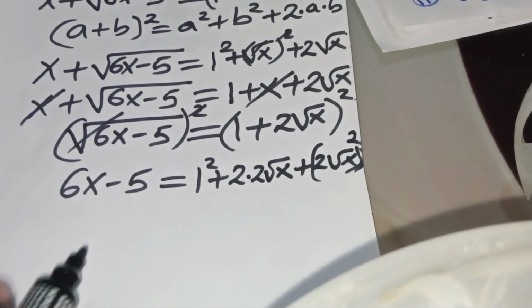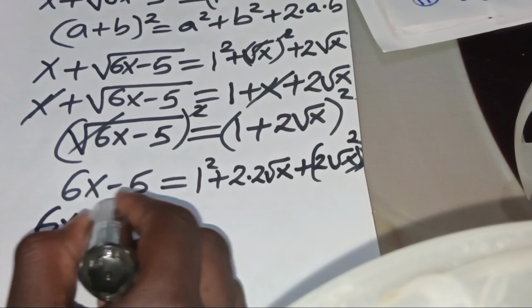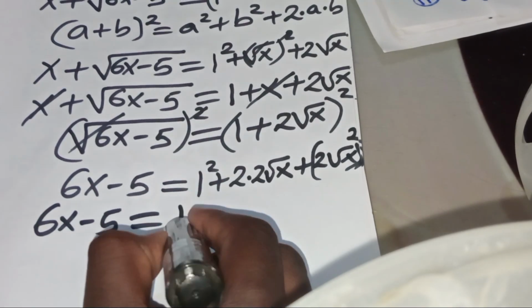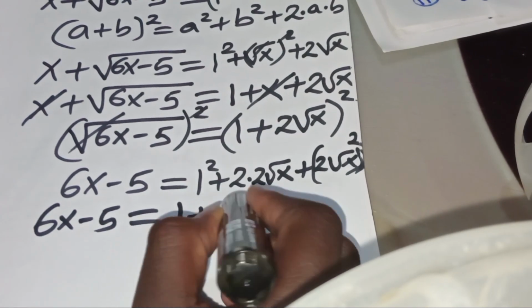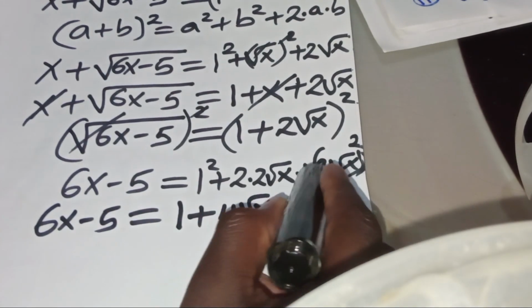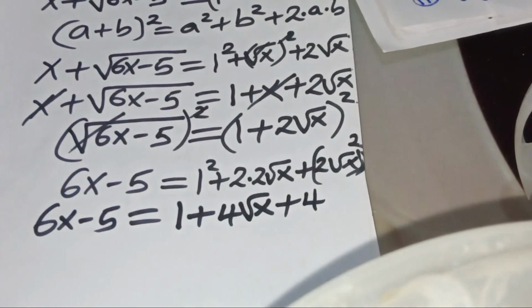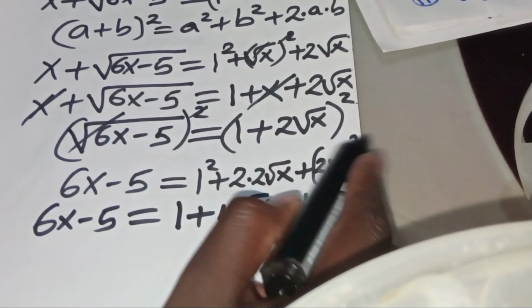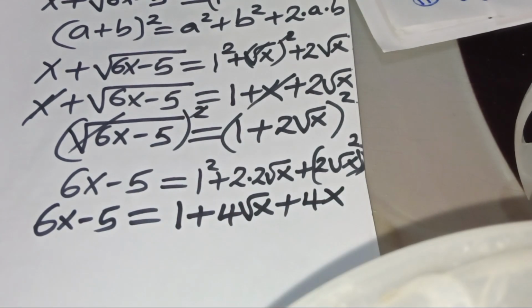Now from what we have here, 6x subtract 5 is equal to 1 plus 4 square root of x plus, now this is 2 squared, which is equal to 4, and square root of x squared is x.